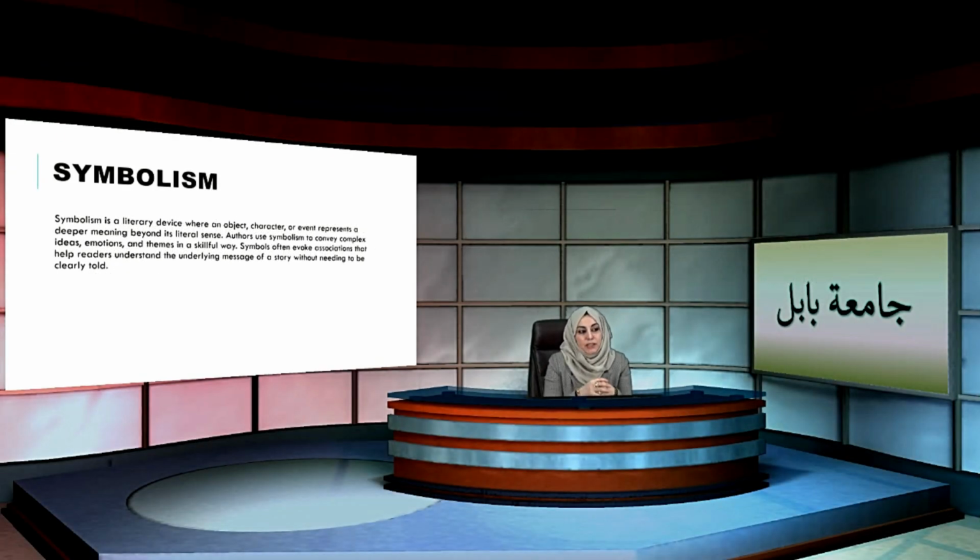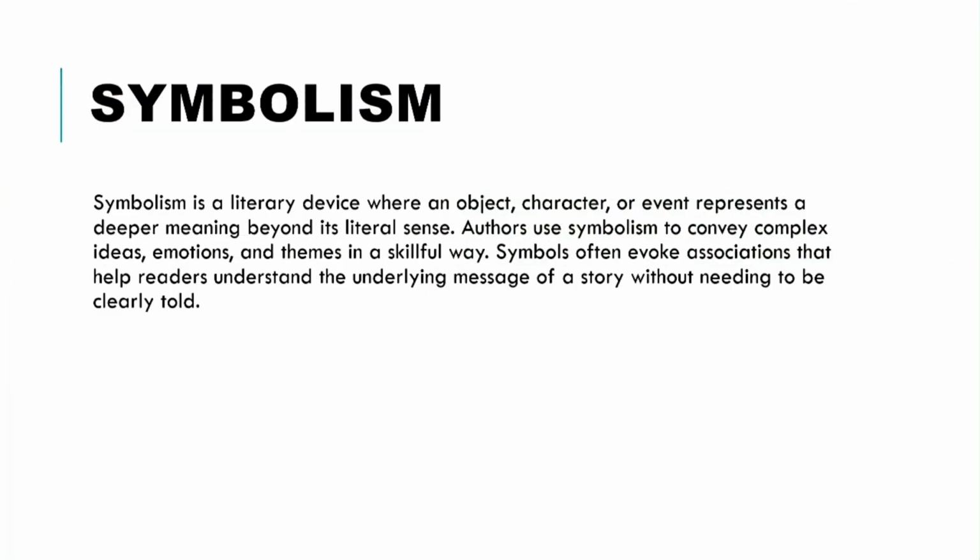First of all, before we deal with the symbols in The Open Window, let us introduce the meaning of symbolism. Symbolism is a literary device where an object, a character, or an event represents a deeper meaning beyond its literal sense.